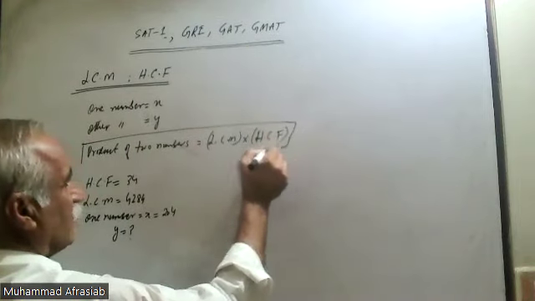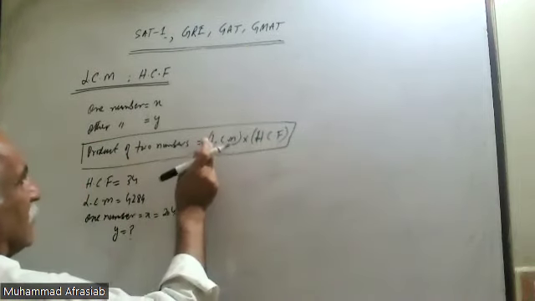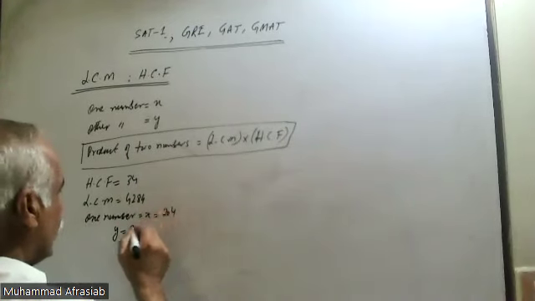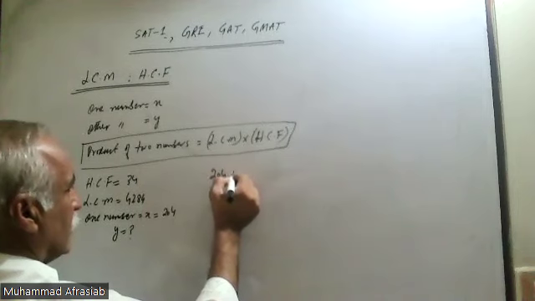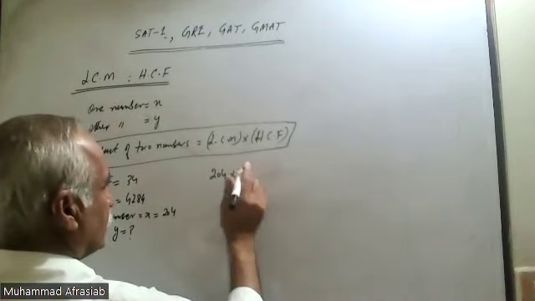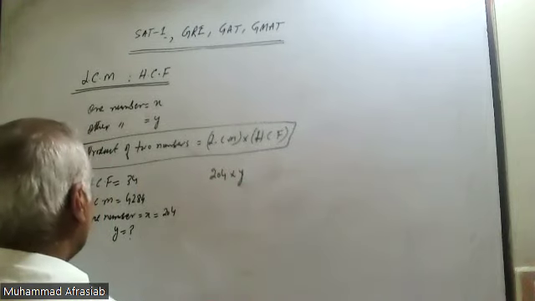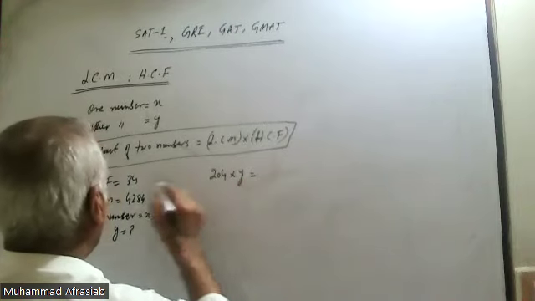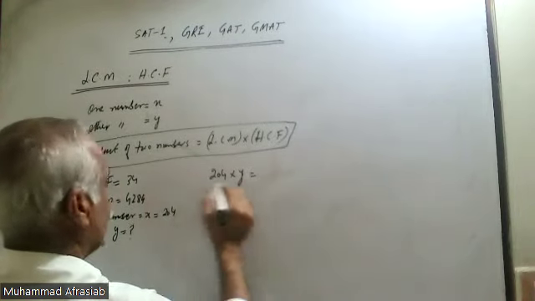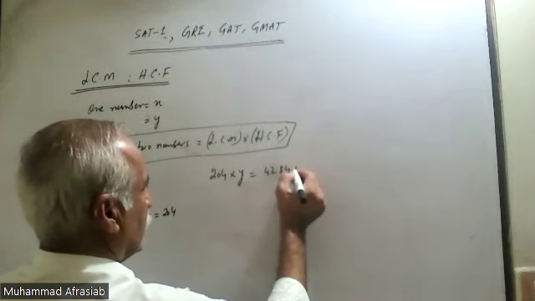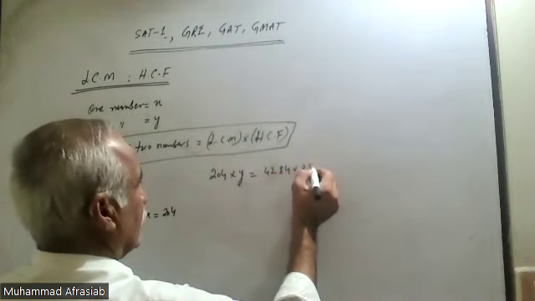The product of two numbers is equal to LCM into HCF. So one number is 204 into X, so into Y, and that is equal to the LCM of these numbers, 4284, into 34.